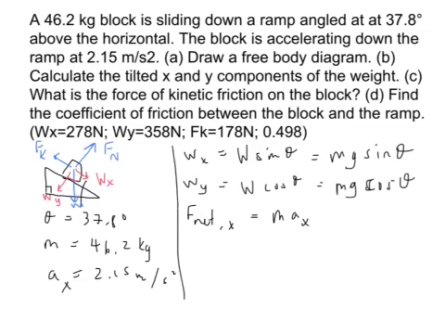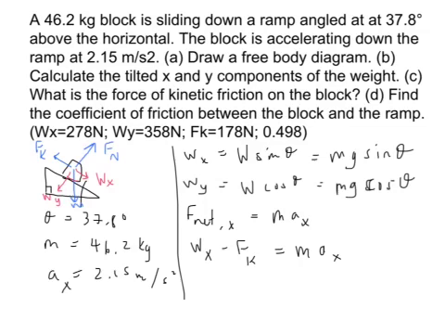Okay. In place of F net x, I'm going to plug in the two forces in the x direction. So on this x-axis, there's only two forces, Wx and Fk. So I plug in Wx here. I have to subtract Fk because it's going up the ramp, which I call left. I've taken up the ramp to be the negative direction. And I solve for Fk by plugging in values, right?